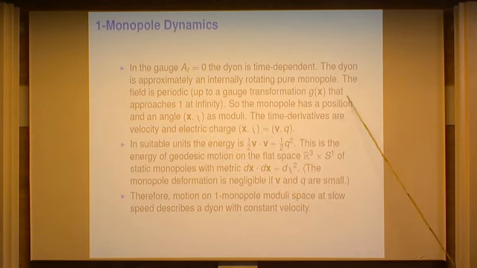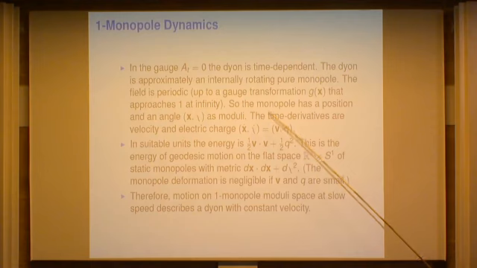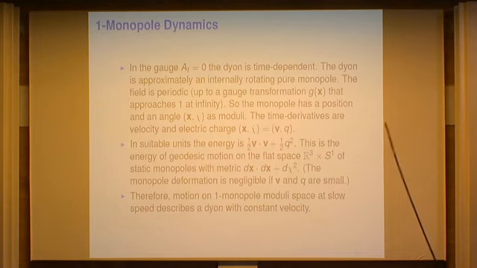So the monopole has a position. Thinking about moduli, you should think of the monopole as having a position, where the center is, and also an angle. Because this dion is periodic, if the angle increases by 2 pi, you should think that you've come back to the same configuration.